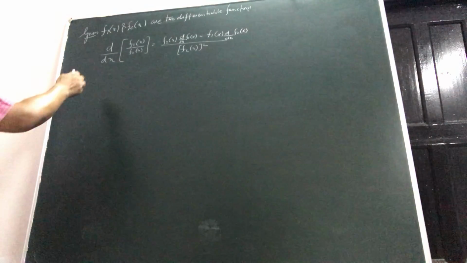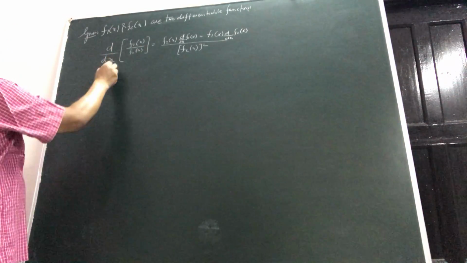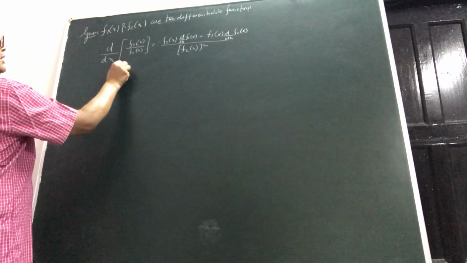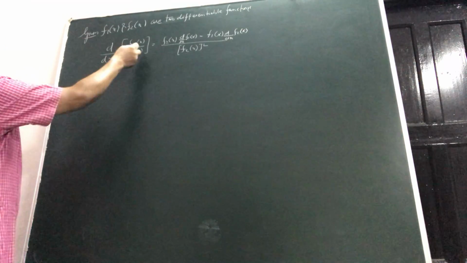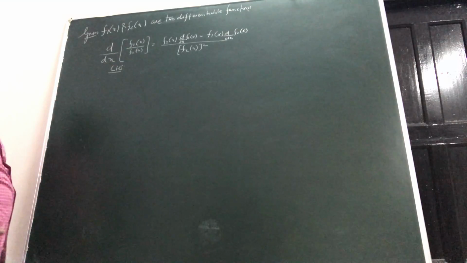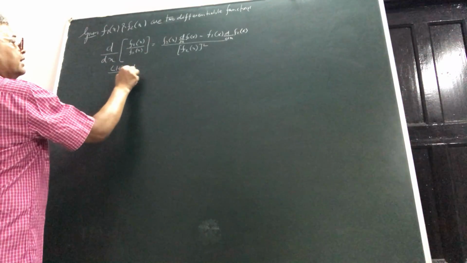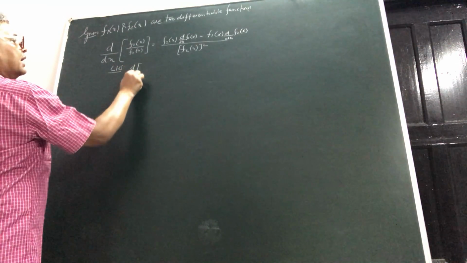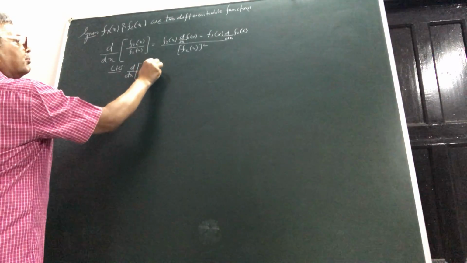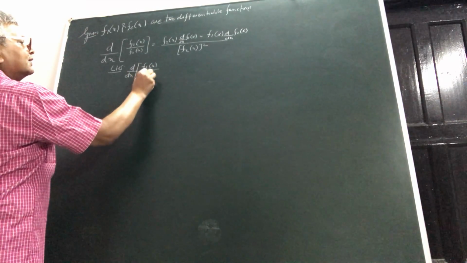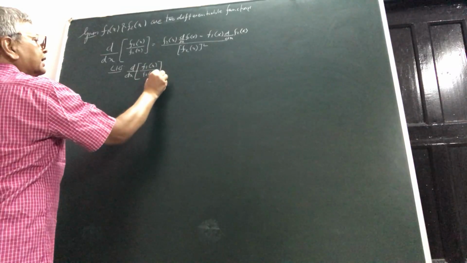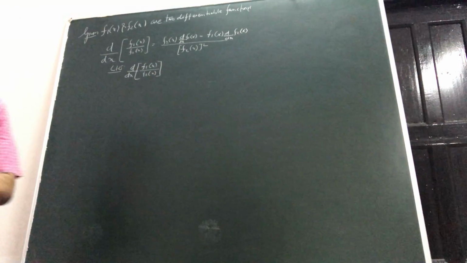It's very simple. Let us take the left hand side here. So d by dx of f1(x) upon f2(x). Let us see what it is. See students, things are very simple.